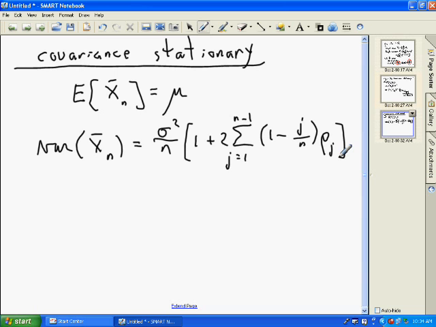So we have to estimate these lag correlation coefficients to get an estimate for the variability of the mean estimator.